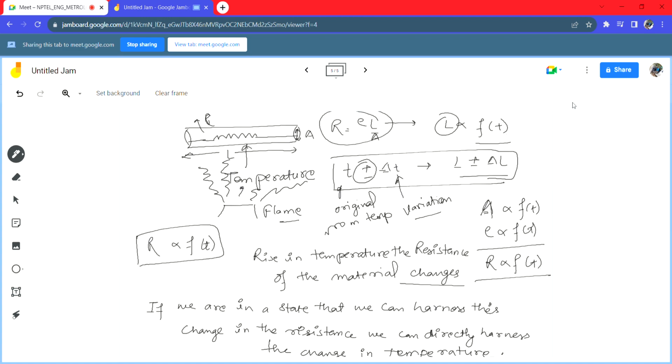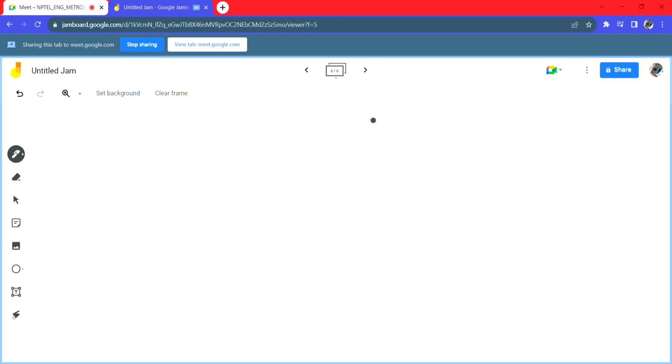So if you understand the cycle of events from here, with the rise in temperature, what follows is the rise in resistance R. And if we can calculate this change in resistance R, we can attribute it to the change of temperature.